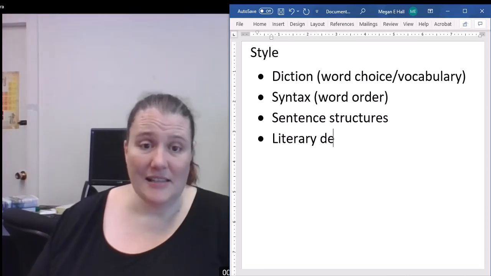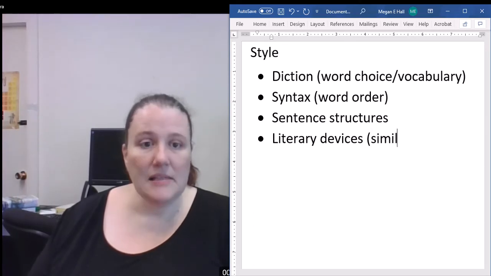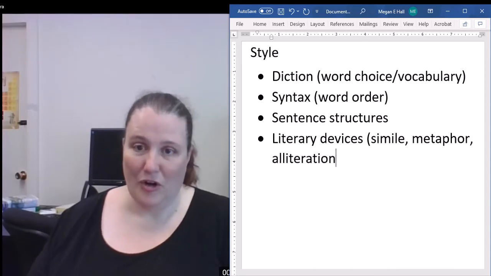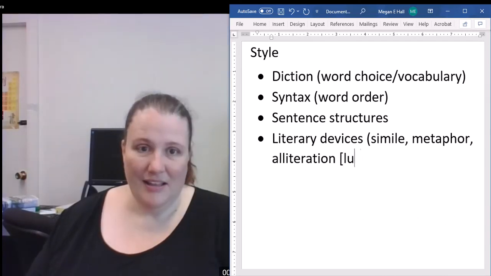Literary devices. So those are things like simile, metaphor, alliteration. It's where you repeat the first word, like luscious lilacs.